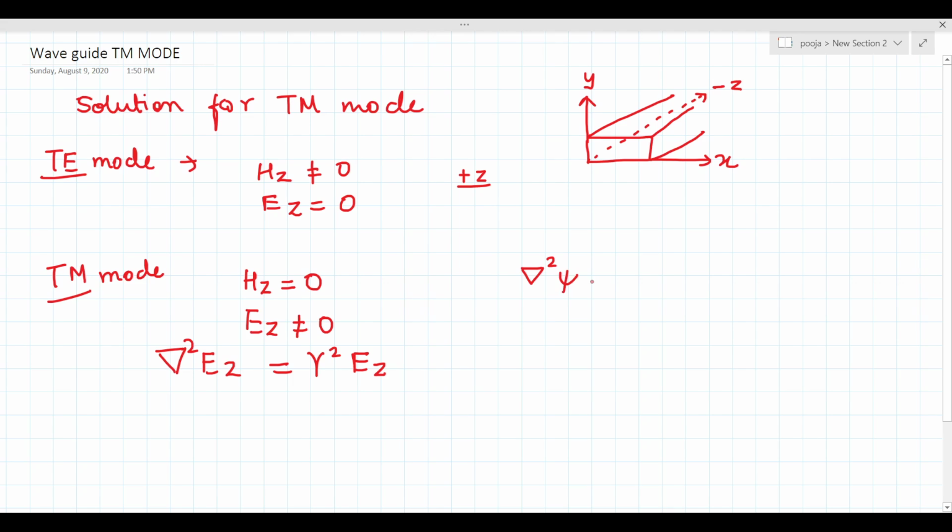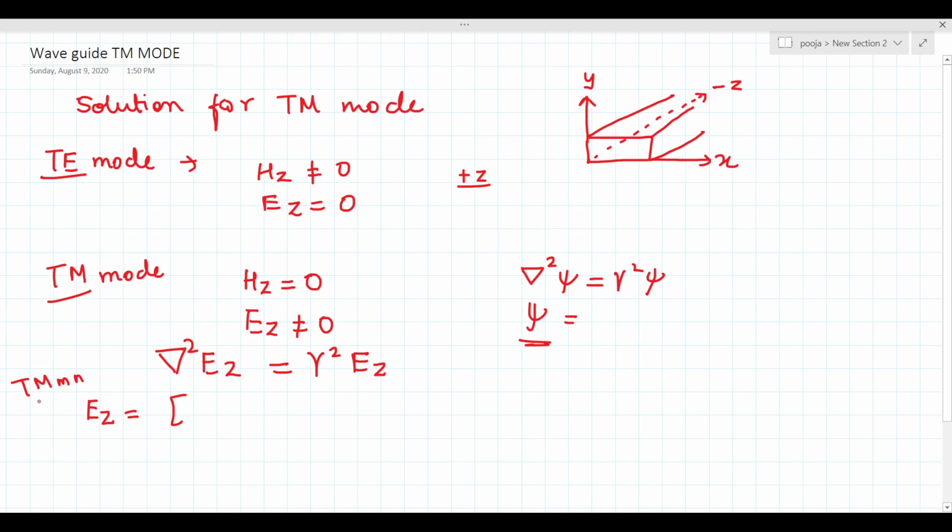Del square psi is equal to gamma square psi, and the solution of psi was obtained as a sinusoidal solution, A sin kx x plus B cos kx x, and similarly for y the variation was obtained.